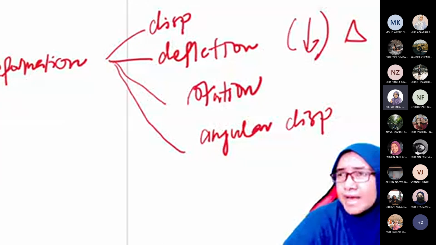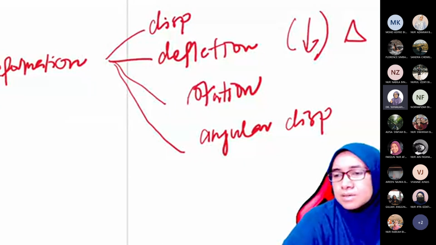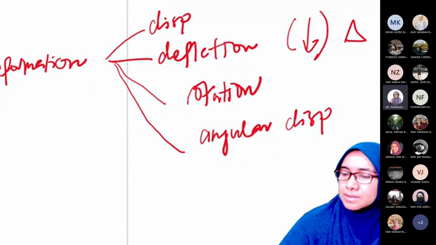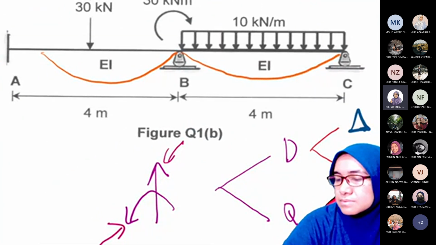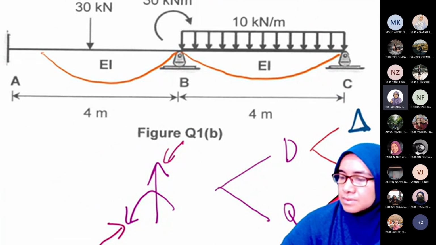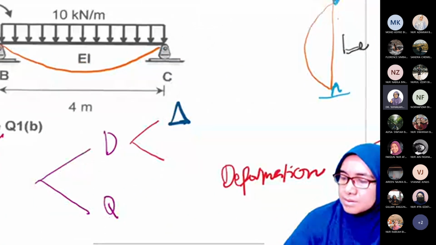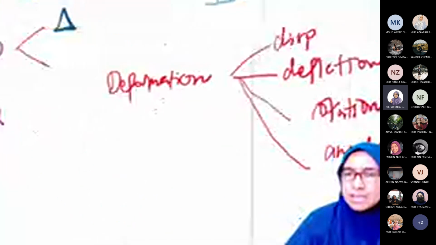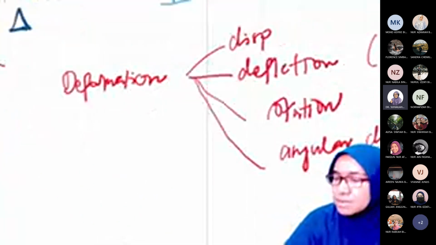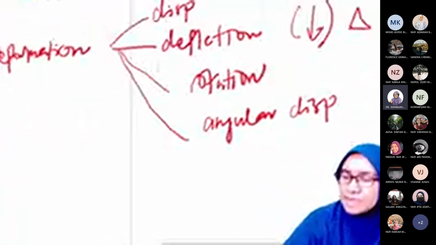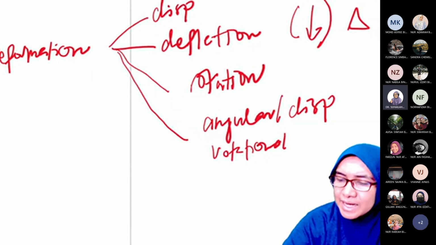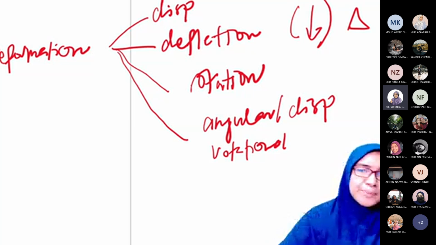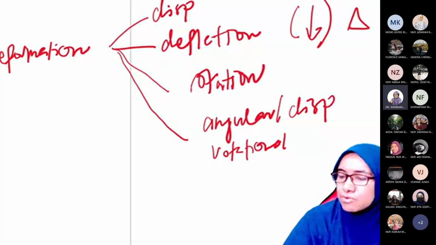And you have actually used it before. And dia ada pada diagram ni. Okay, displacement, deflection, rotation. Okay, angular displacement ni dia sama dengan rotational displacement. Ada lagi nama lain bagi rotation. It is a simple word to represent the same thing, rotation.